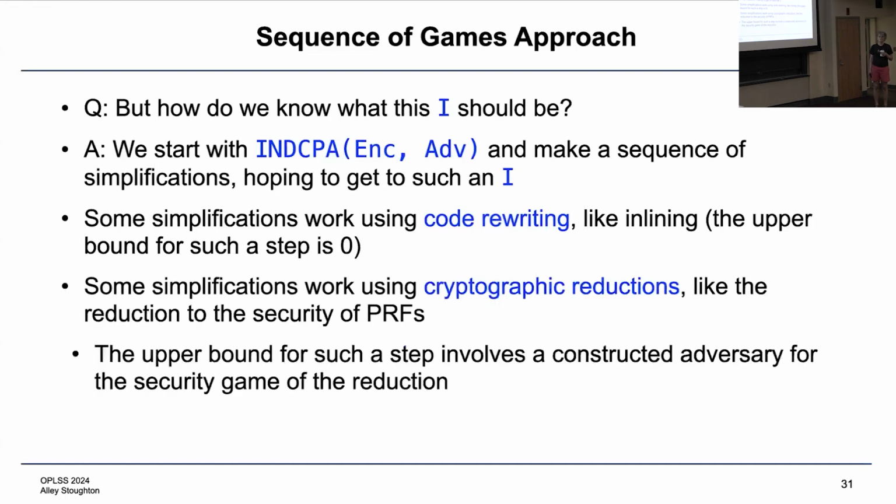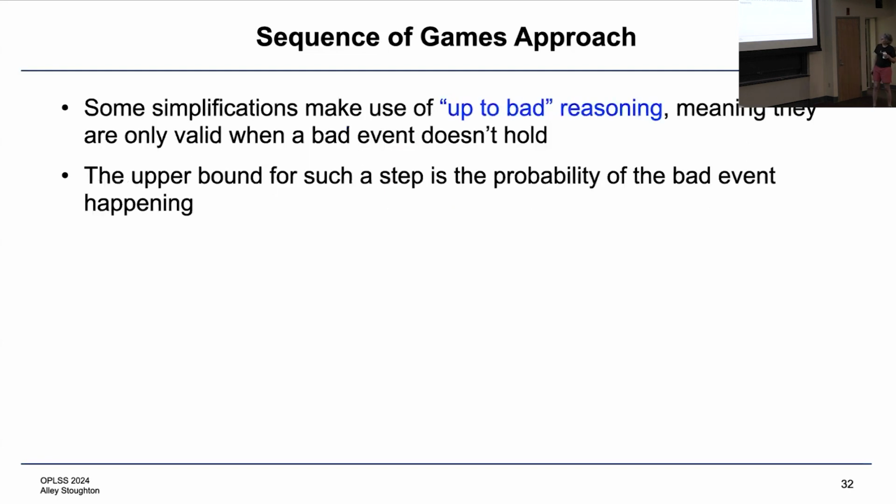Some simplifications use cryptographic reductions, as someone was asking about, maybe over here. Like a reduction to the security of pseudorandom functions, we'll see that. And there, the upper bound involves a constructed adversary for the security game of the reduction. We'll see that in practice. The other main possibility is what's called up-to-bad reasoning. And that means that the transition from one bit of code to another is going to be valid unless something unfortunate happens.